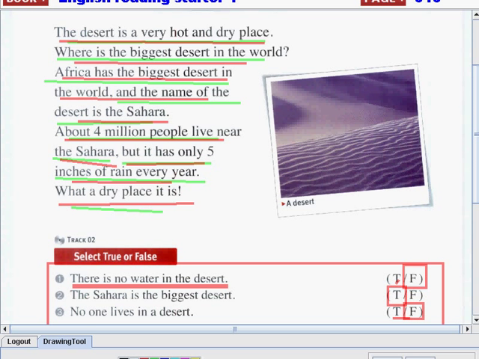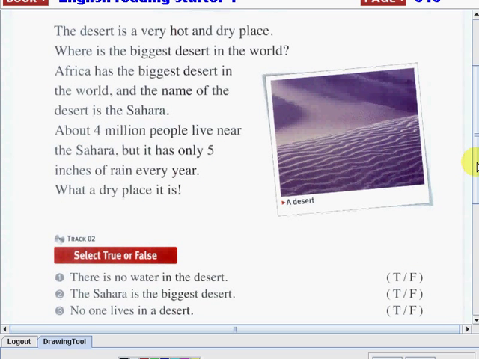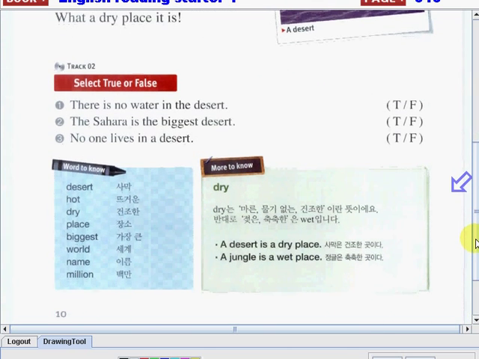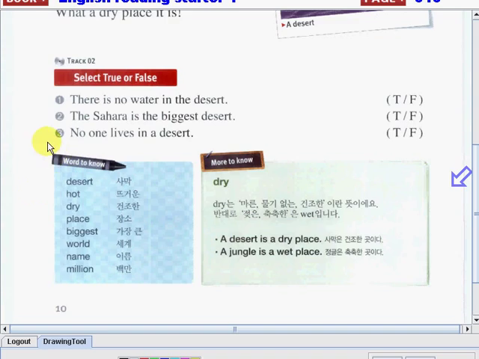Very good. So now, let's read the following words here. We have words here to know. Now, children, I want you to repeat after me as I read the words. We have desert. Say desert.